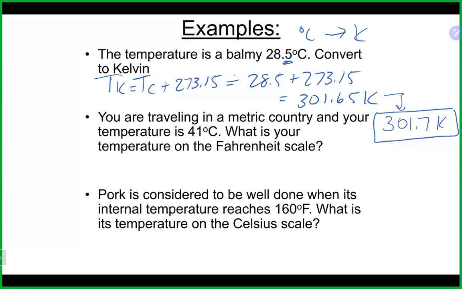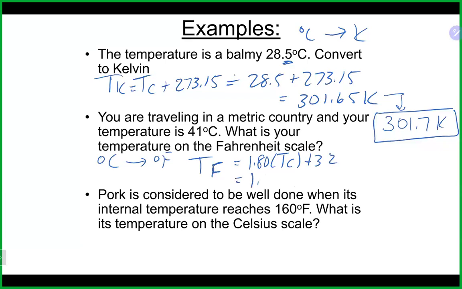So when we look at the next one, which is Celsius going to degrees Fahrenheit, our temperature in Fahrenheit will equal 1.8 times our temperature in Celsius plus 32.